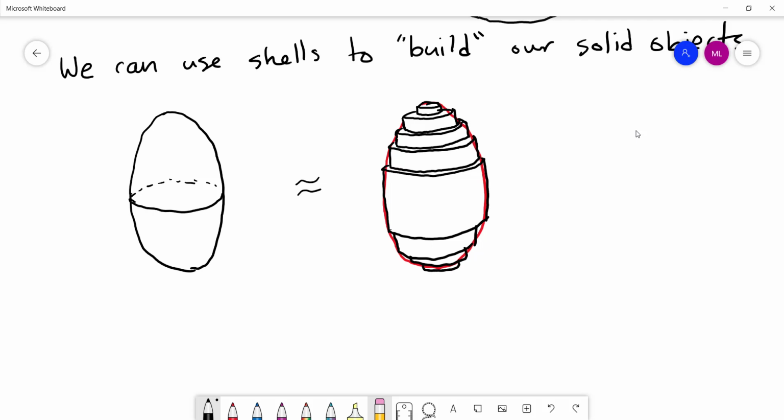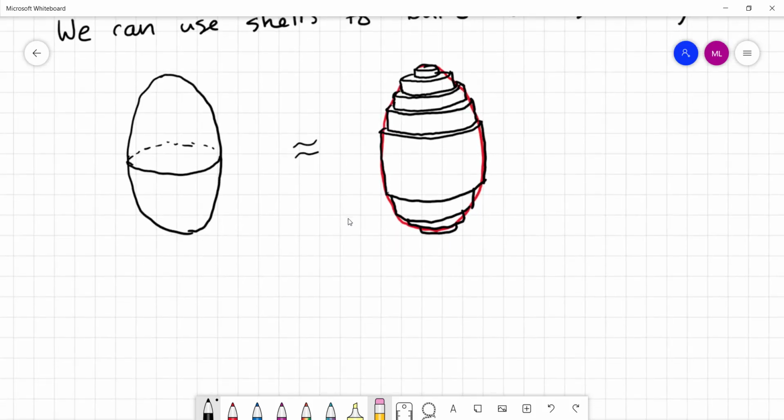You can think of it as almost looking like a croissant here, and that's essentially what it is, the same way that we're building it. We're building an inner one, and we're wrapping another piece around that, and then wrapping another piece around that, and wrapping another piece around that, until we fill up and approximate the original shape that we're trying to find the volume of.